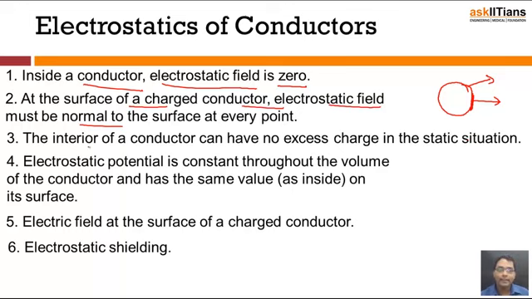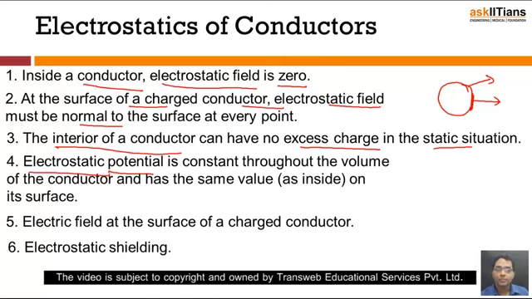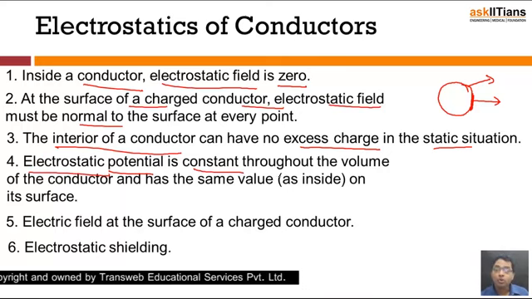Further, the interior of a conductor can have no excess charge in the static situation. Whatever charge is there, if it's a conductor, that particular charge is going to be uniformly distributed throughout the conductor. So in the static case, there cannot be any amount of excess charge present in the interior portion of the conductor. Going further, the electrostatic potential is constant.